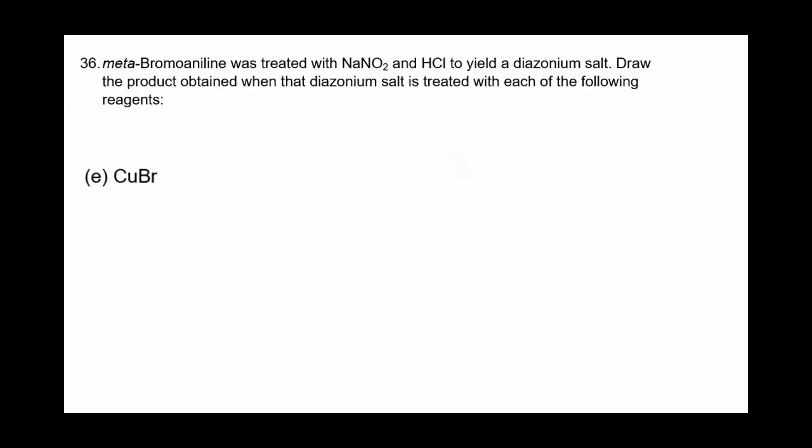And this last one, I think we may have done something similar. We have meta-bromoaniline. So it's treated with NaNO2. And then it's treated with copper bromide. So what is our product going to look like for that one?